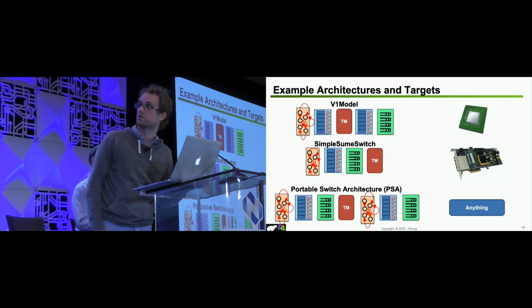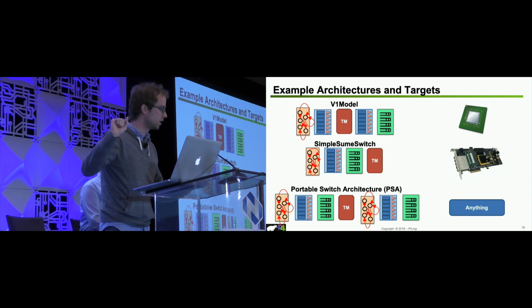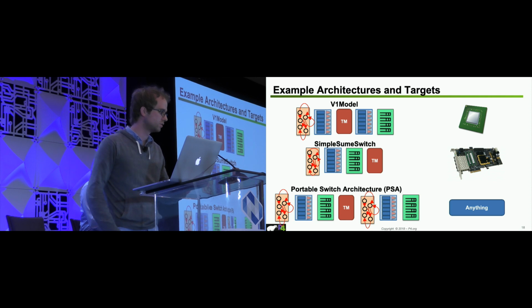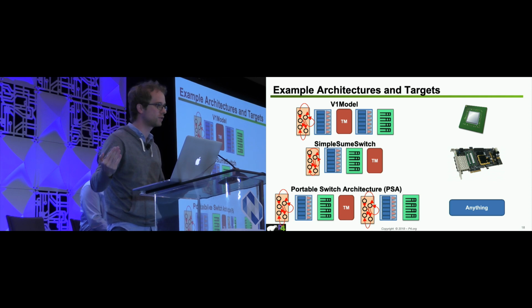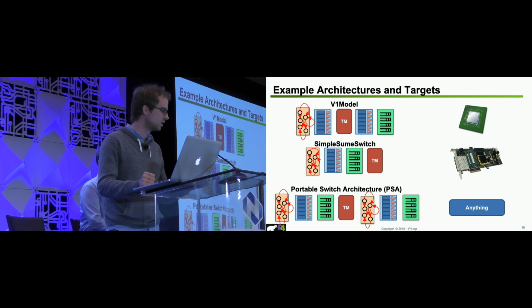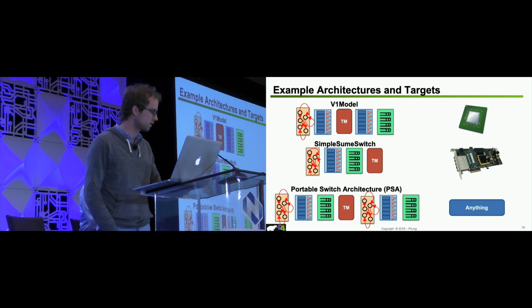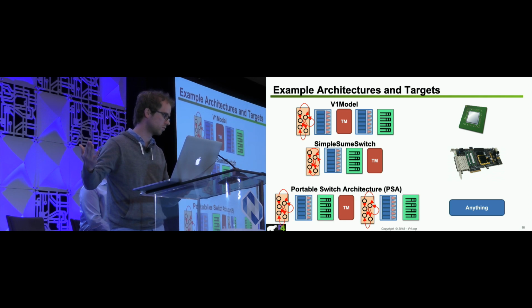The V1 model architecture includes a parser, a match action pipeline, what we call the TM, the traffic manager, which enqueues your packet but can also take care of things like multicast. Then we have another match action pipeline, the egress match action pipeline. And finally, we have a deparser block.